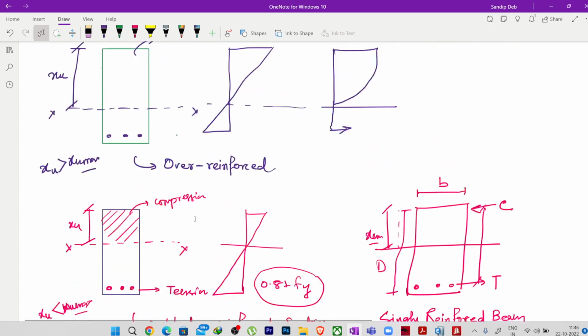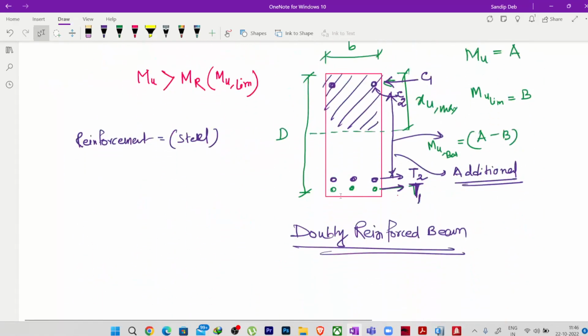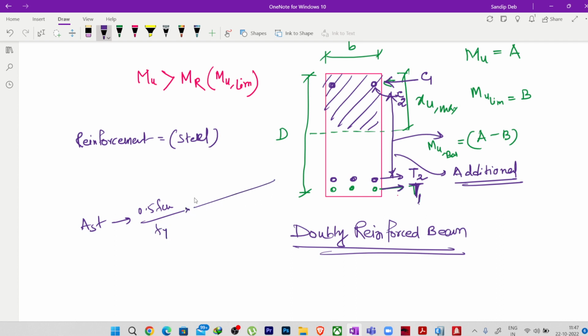Now here in the doubly reinforced section, for the balanced section criteria, that is for T1 and C1, we got the AST already using the first formula, 0.5 fck by fy multiplied by this one, 4 point whatever it is, I have written at the top. So we got this AST1.